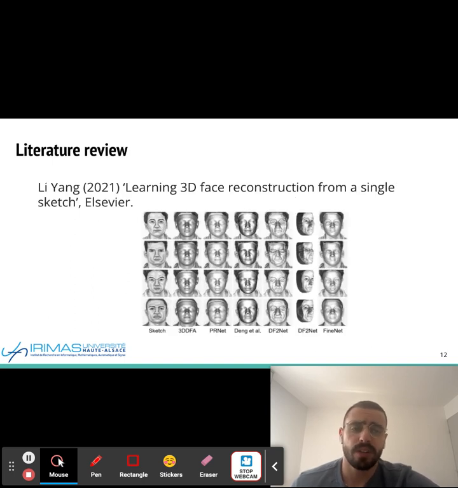Then there is the article whose title is Learning 3D Face Reconstruction from a Single Sketch, where they try to create a 3D face reconstruction by firstly creating the sketches from the original image, then creating the 3D reconstruction using some existing machine learning models. But as they also described, there are many existing methods to reconstruct a 3D face model from a photo, such as 3D-based methods, and so on.